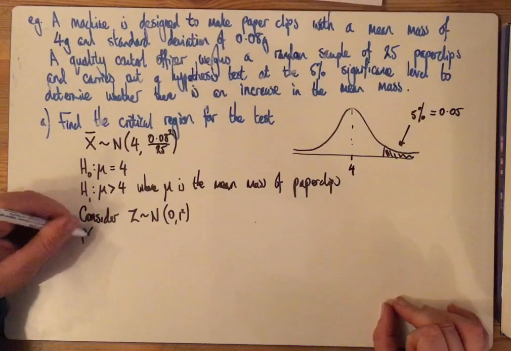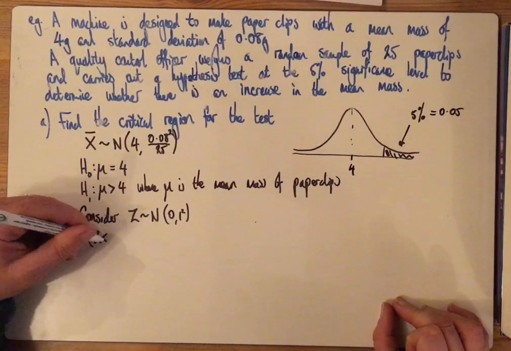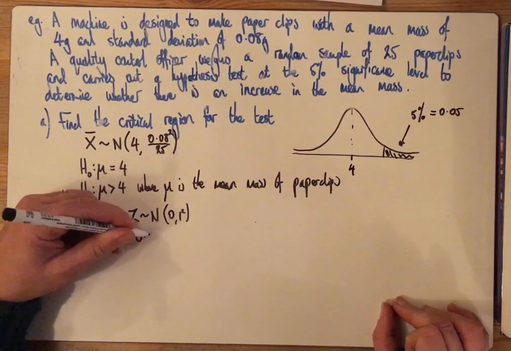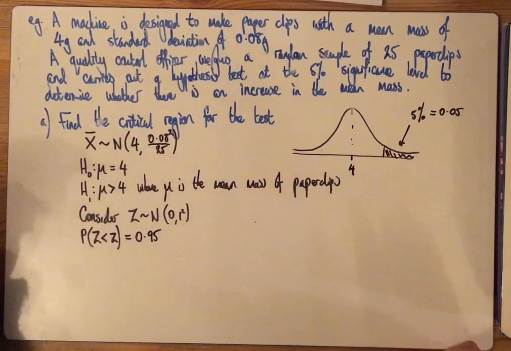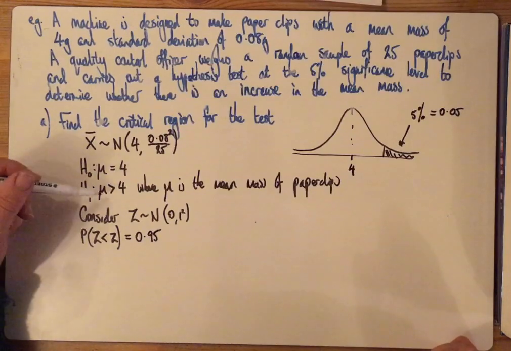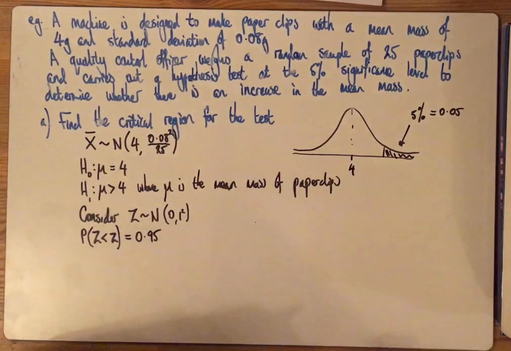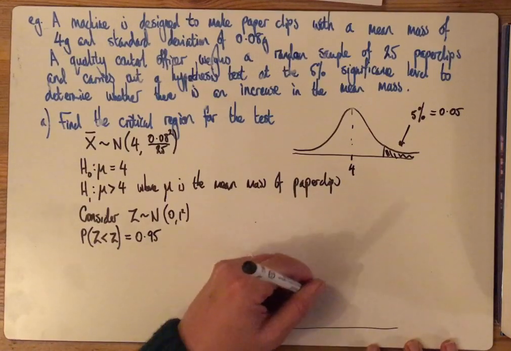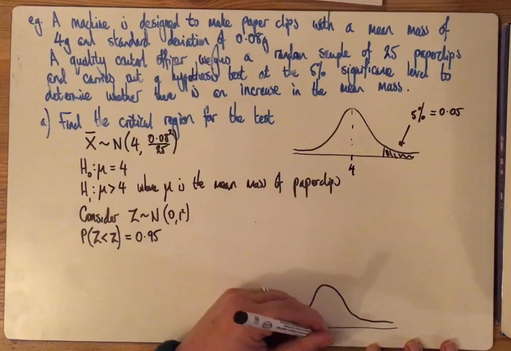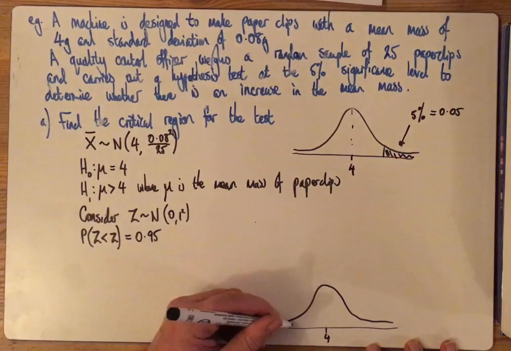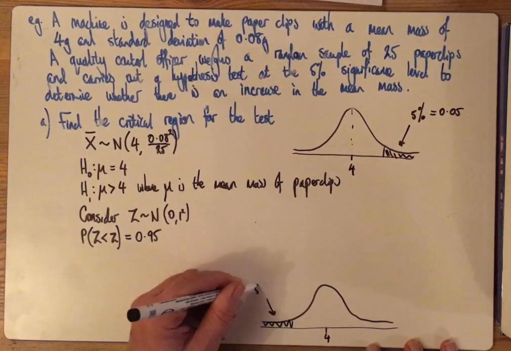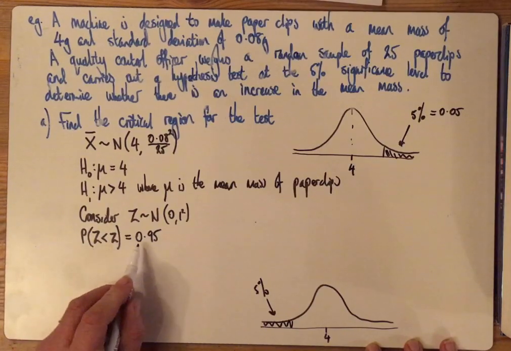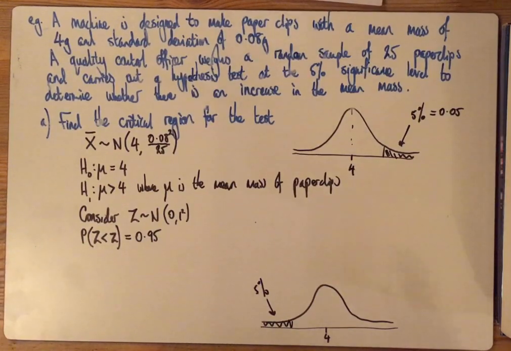So we're actually looking for the probability of Z less than z equal to 0.95. If we were looking to see whether there'd been a decrease in the mean mass, you'd do exactly the same thing. That would be less than, and you'd be looking for that to be 5%, so you'd be doing probability Z less than z equals 0.05 instead.